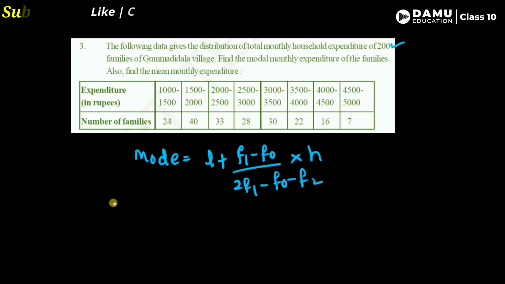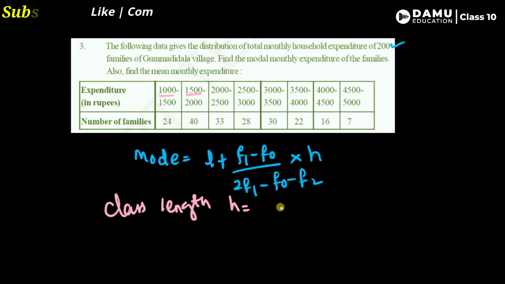So class length or class size h can be taken as the difference of lower limits of successive class intervals; any value you get. Either 1500 minus 1000, or 2000 minus 1500, or 2500 minus 2000, or 3000 minus 2500, any value you can take.